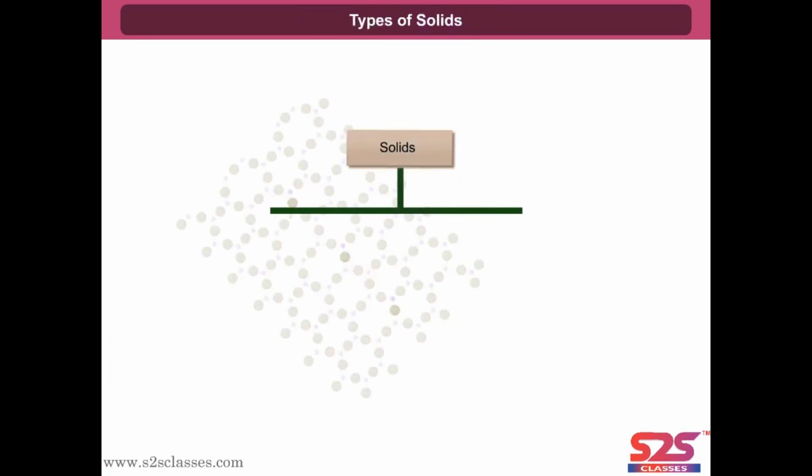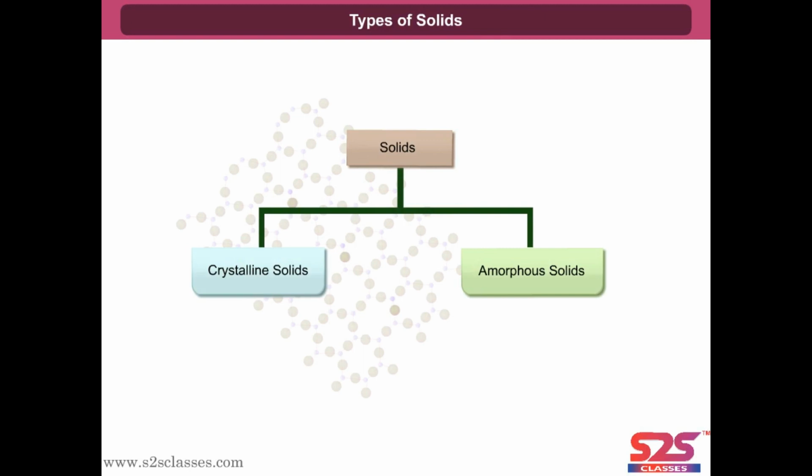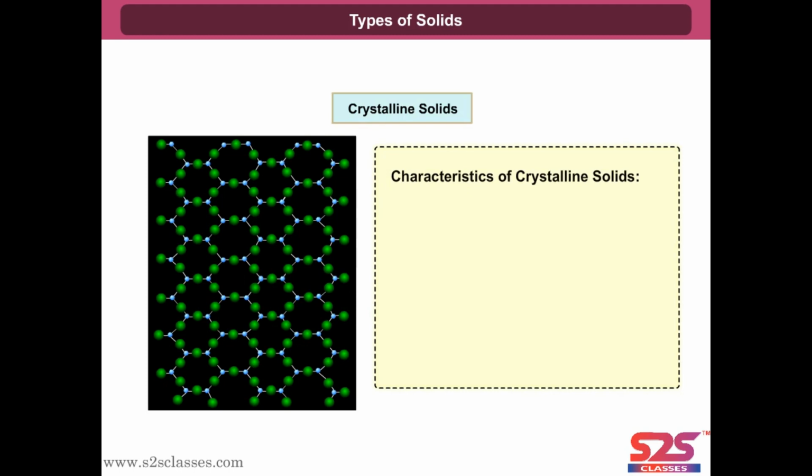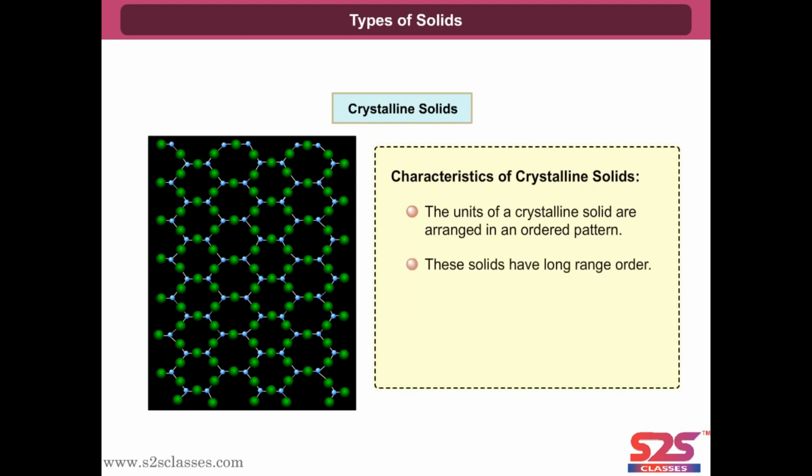Solids can be categorized as crystalline solids and amorphous solids, depending upon the nature of the order present in the arrangement of the particles. Characteristics of crystalline solids. The units of a crystalline solid are arranged in an ordered pattern. These have long-range order.